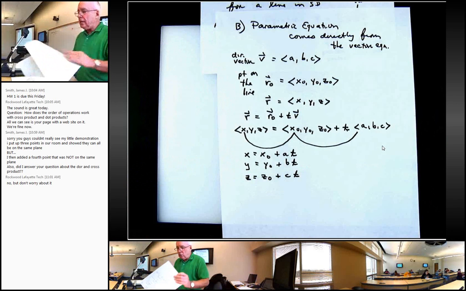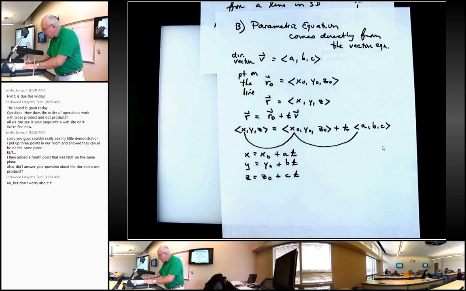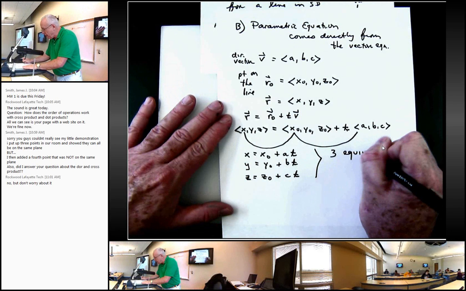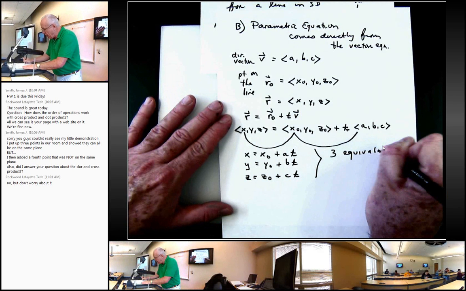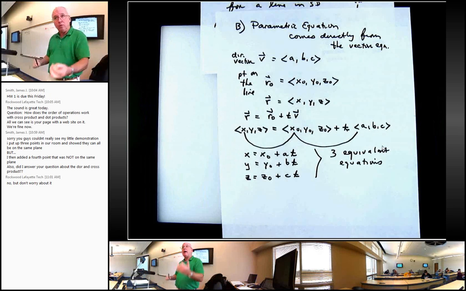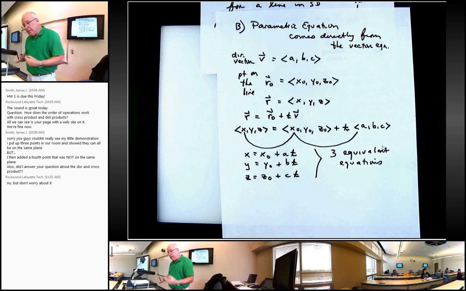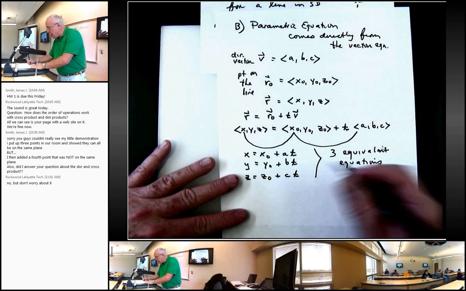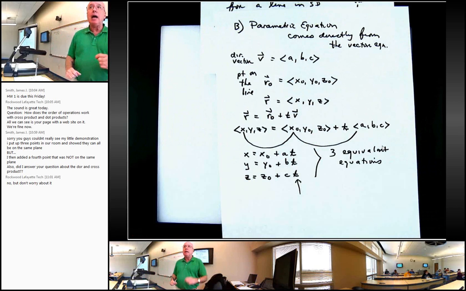So what I end up with is three equivalent equations for our line. One for x, one for y, one for z. These are called parametric equations because they have the parameter t that's common to all three of them.